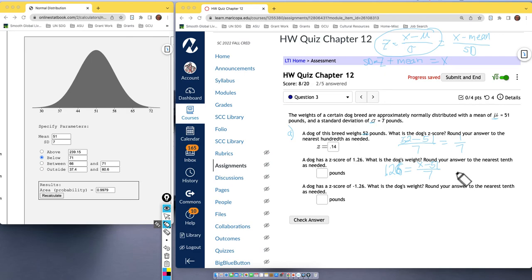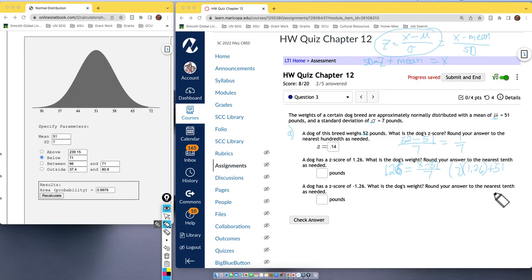We can just take our standard deviation, which is 7, times the z-score, which is 1.26, and then we add the mean. So that's going to be our calculation.